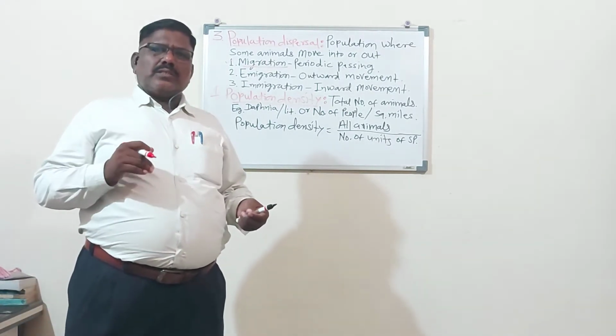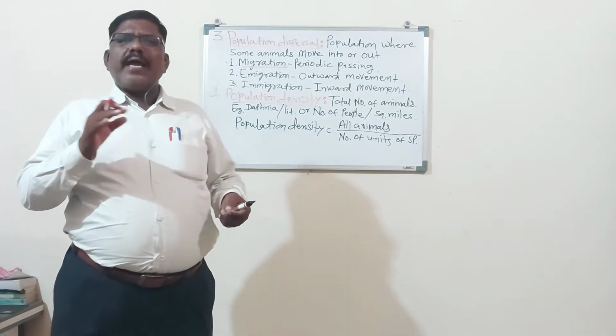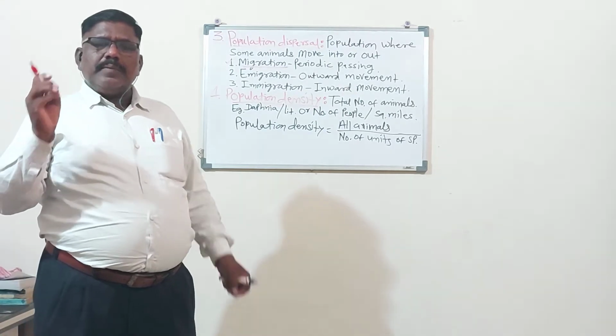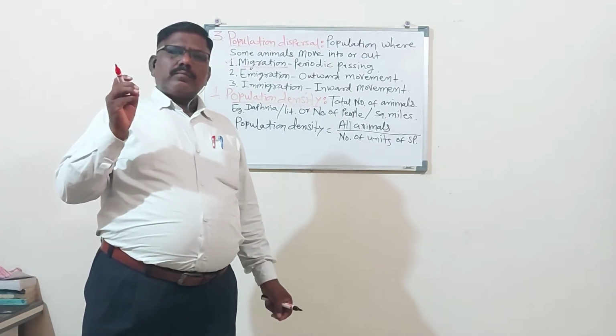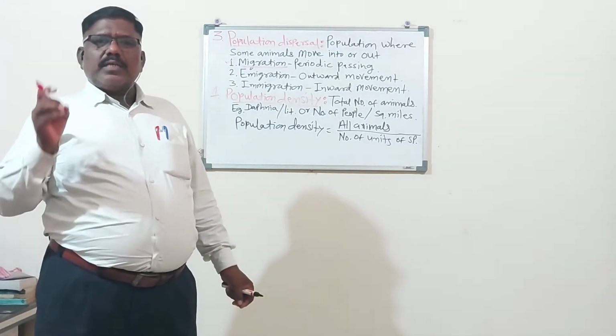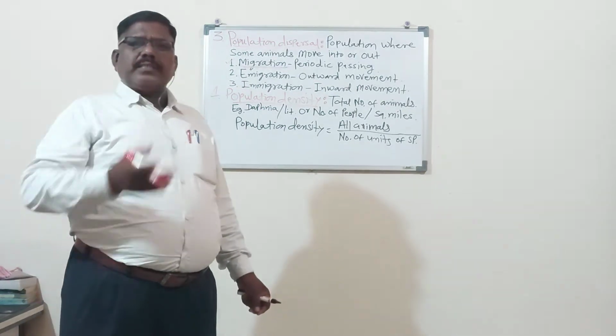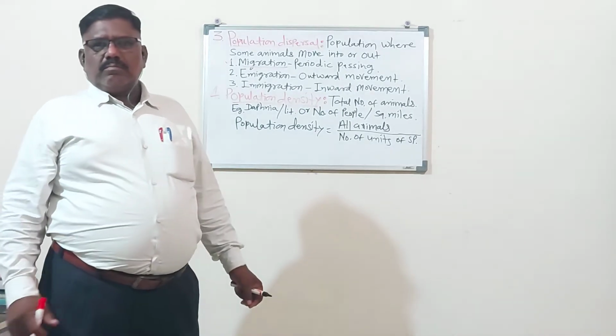The place where there are no enemies, meaning the enemies which are giving trouble or dangerous. So from that place animals go to another place. So that is called as the migration.